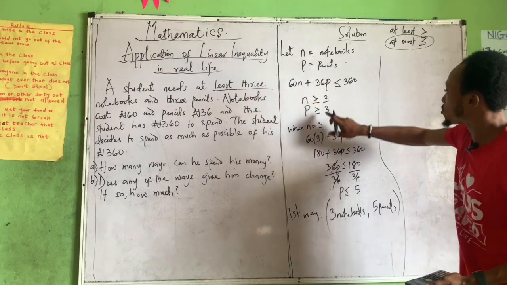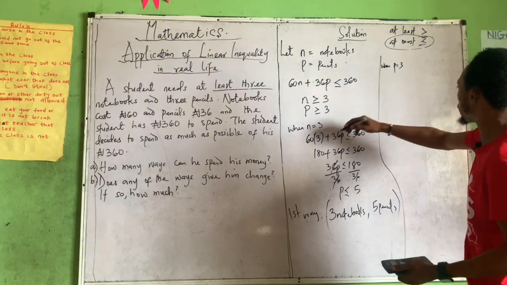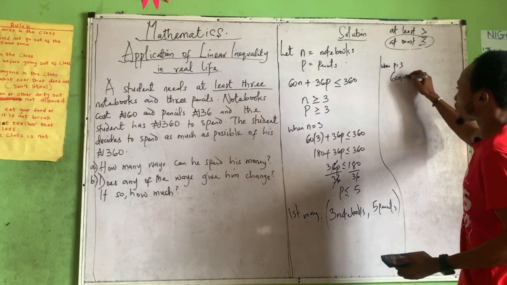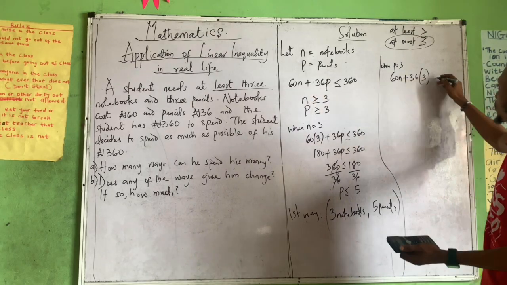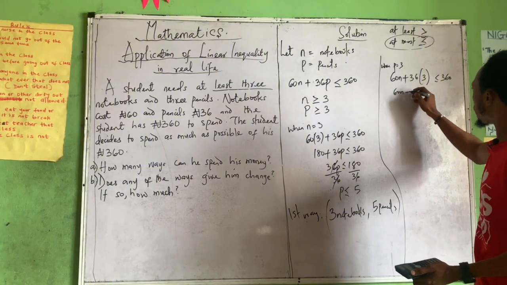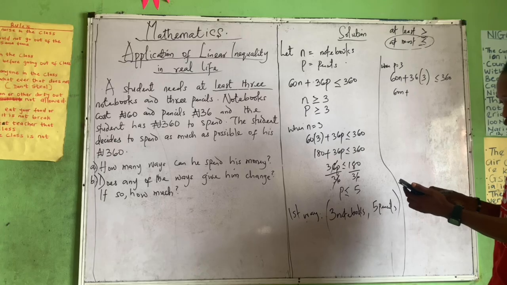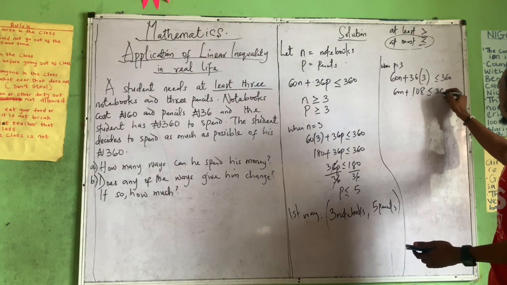Let's say when p equals 3 inside the same equation, but this time around it will be 60n. So 60n plus 36 open bracket 3, because this time around it is p we are replacing, is less than or equal to 360. So 60n plus 36 times 3, that should be 108, is less than or equal to 360.